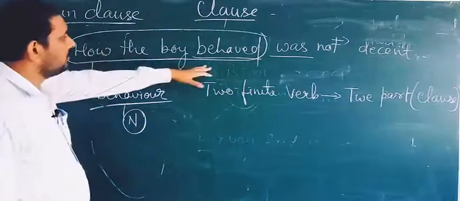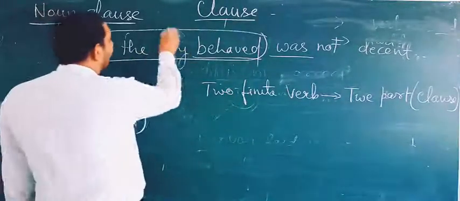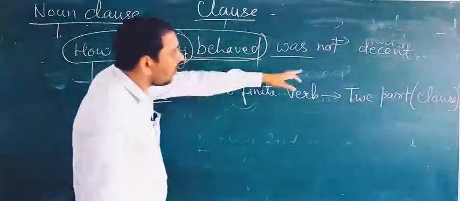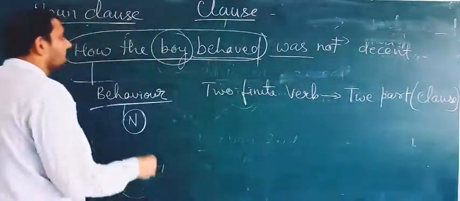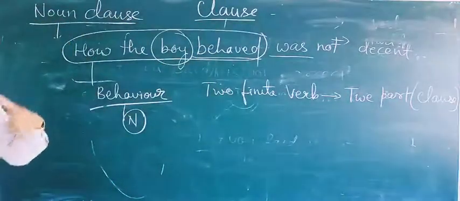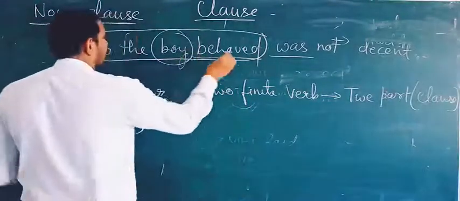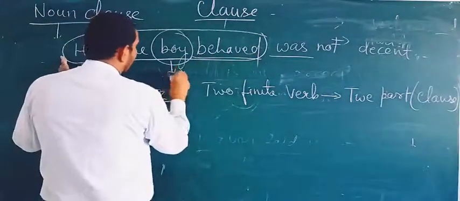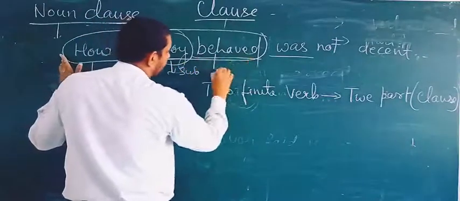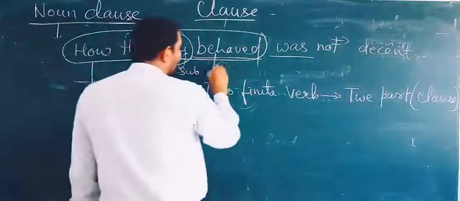and use it for all these words. How the boy behaved. The boy was not decent. Okay, we are not talking about the boy. We are talking about the behavior of the boy. So in this group of words, boy is the subject and behaved is the verb.